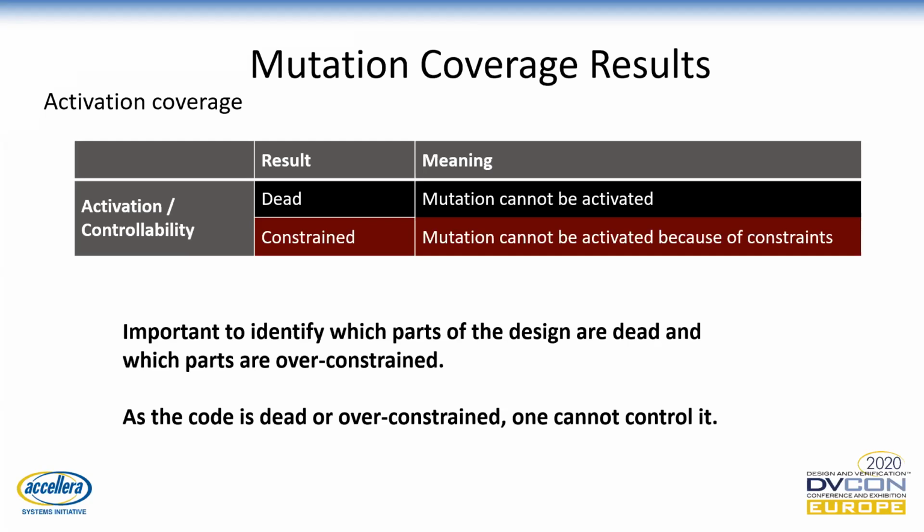The dead code is something that is introduced by the designer in the RTL, and the mutation cannot be activated. Over-constraining is when the verification engineer puts some constraints on the interfaces, and these constraints are leading to some dead code.